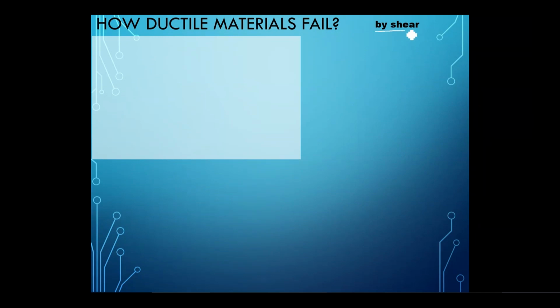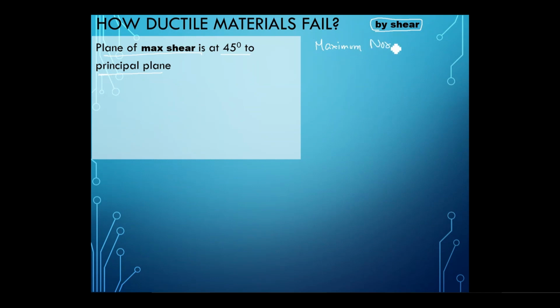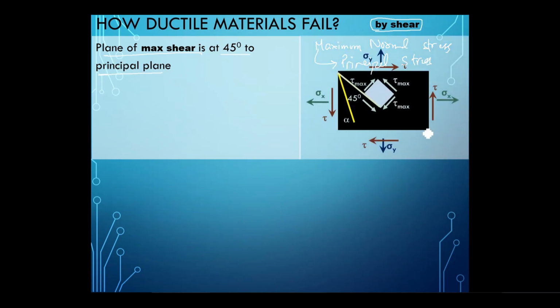Ductile materials fail by shear. So the plane of maximum shear is 45 degrees to the principal plane. We saw that the maximum normal stress is defined by the principal stress, and the maximum shear acts at 45 degrees to the maximum principal stress plane.